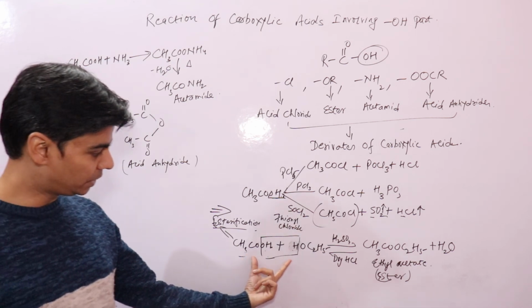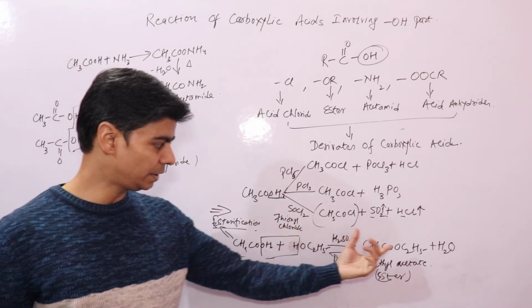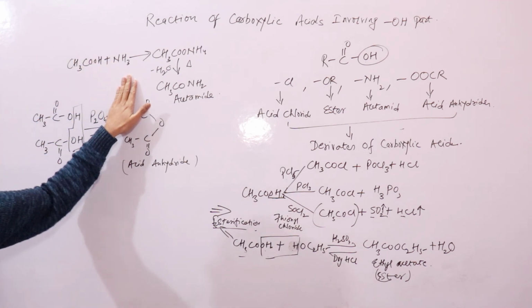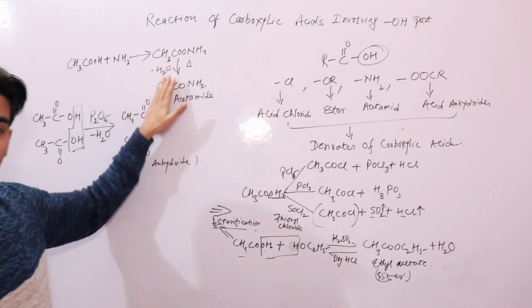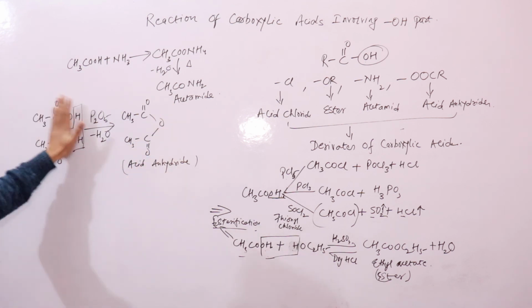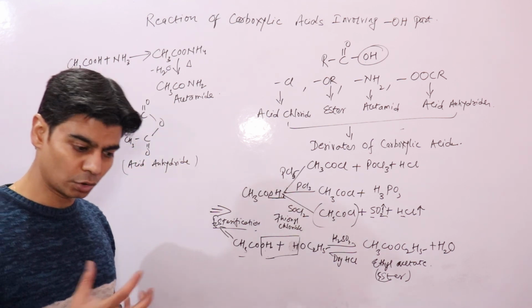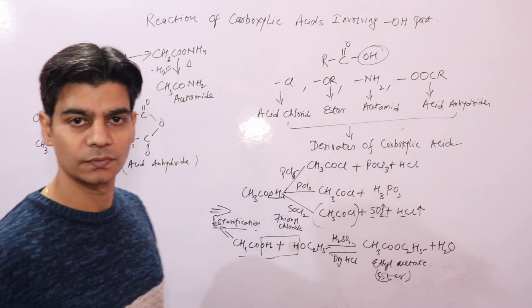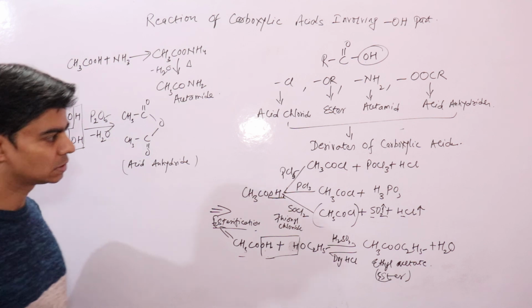Then we did esterification, where it formed an ester, and then we looked into the reaction with ammonia, where it forms acetamide. Then we looked into the formation of acid anhydride, where a water molecule is eliminated in the presence of a dehydrating agent like phosphorus pentoxide. I hope all this is clear. Thanks.